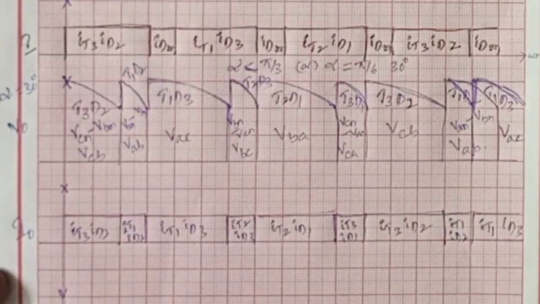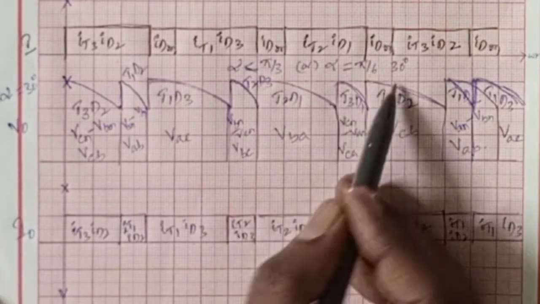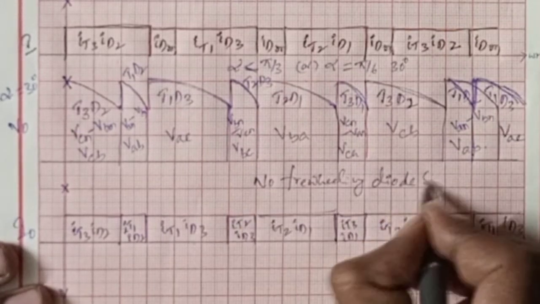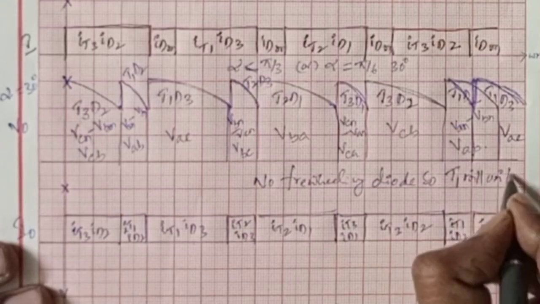Now this is our output current and output voltage for alpha pi by 6. Here there is no freewheeling diode, so thyristor T1 will work until T2 turns on.